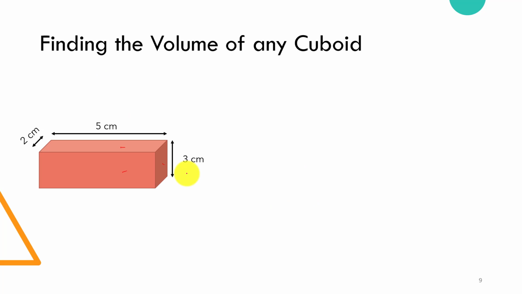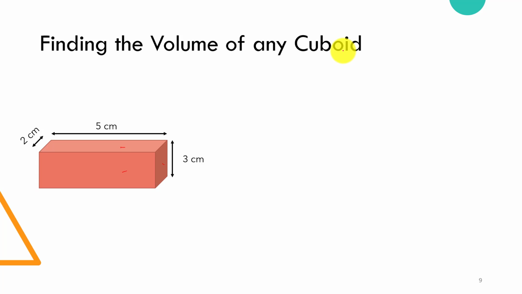But for a cuboid, it is not the same because this is not a cube, this is a cuboid. Now how will we find the volume here? So we saw for the Rubik's cube we had small unit cubes to help us, correct? And we also saw if we just multiply the length, breadth and height, we get the volume of the Rubik's cube as well.